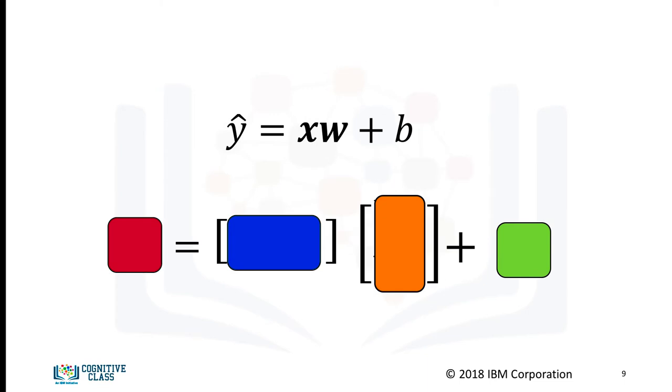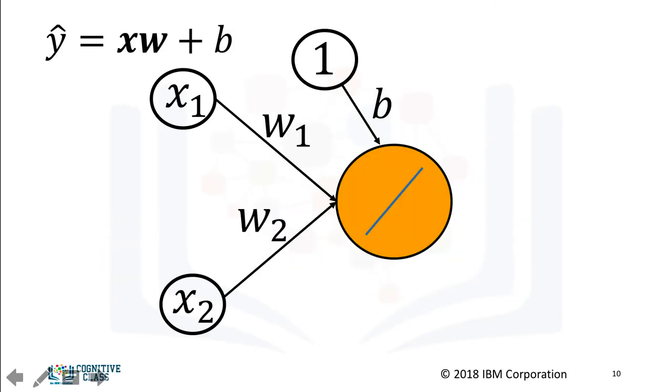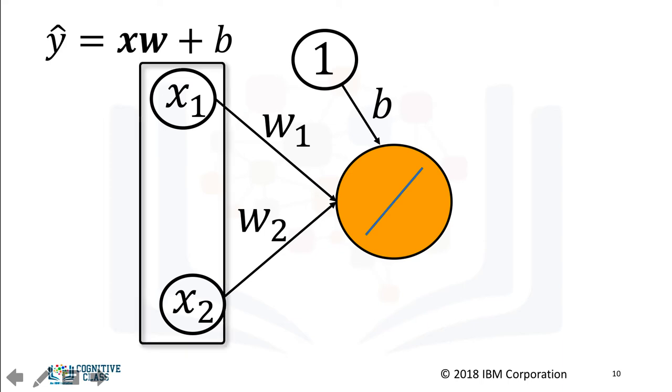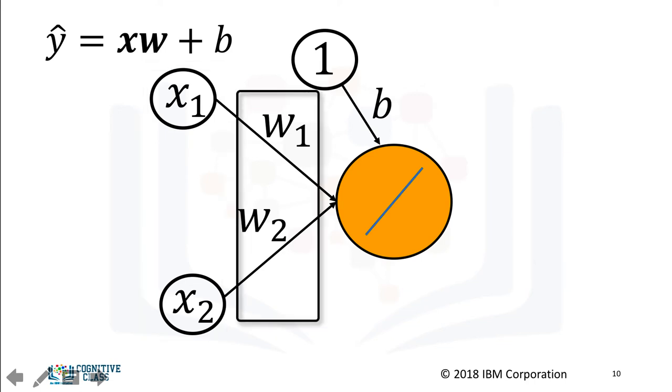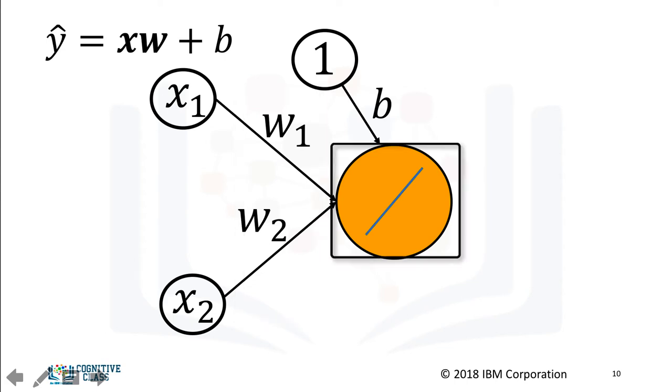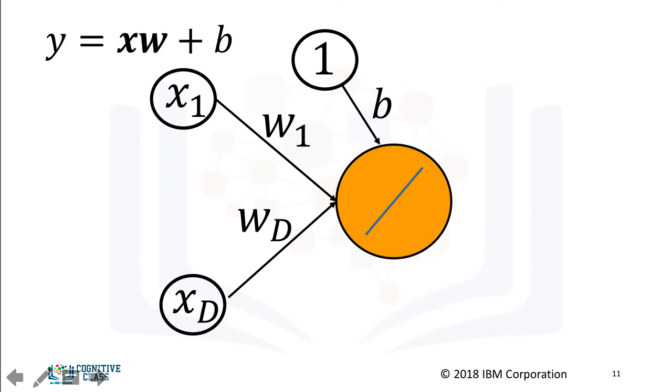Let's represent it with this pattern. We can also use the following directed graph to represent multiple linear regression. The first set of nodes represent the feature, the edges represent the parameter values, and the final node represents a scalar output. This generalizes to d dimensions as follows.